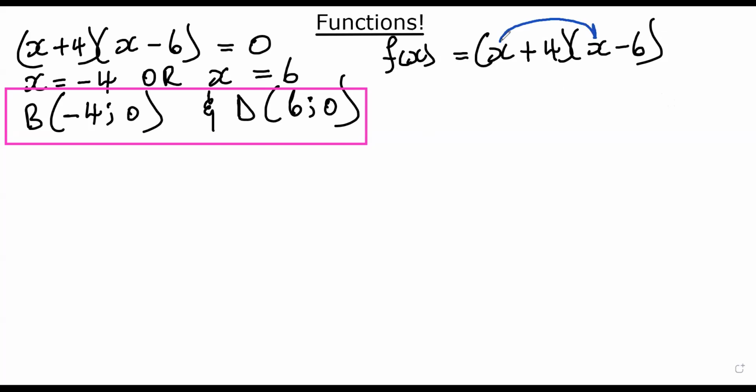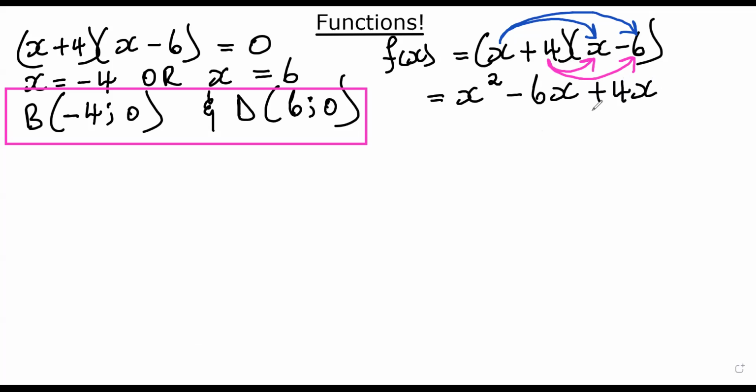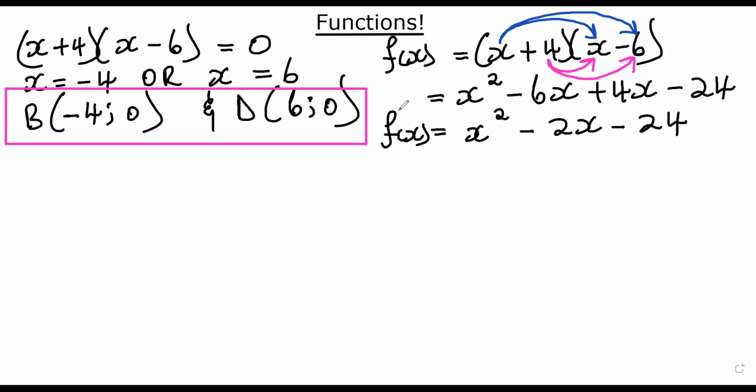So we say x multiplied by x, x multiplied by negative 6, 4 multiplied by x, and 4 times negative 6. So when we do, we get x squared minus 6x plus 4x minus 24. And then collecting our like terms, we see that the function will be x squared minus 2x minus 24.